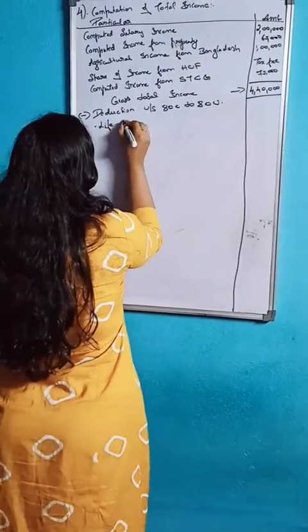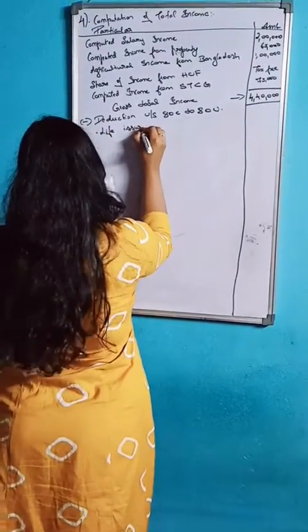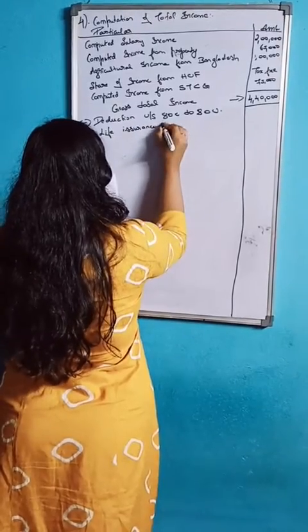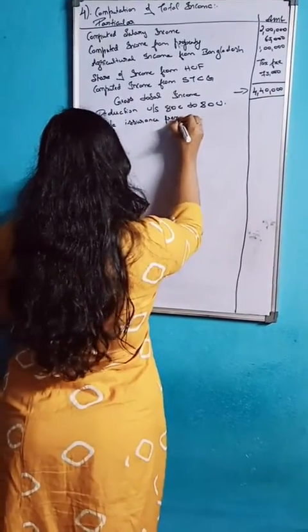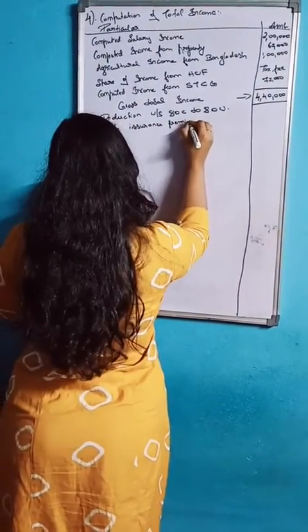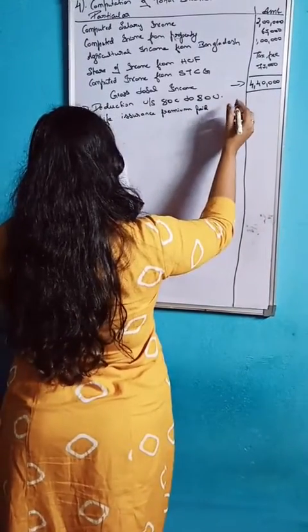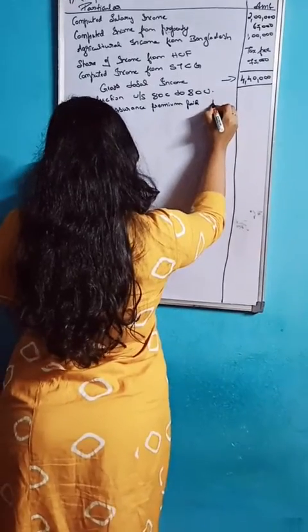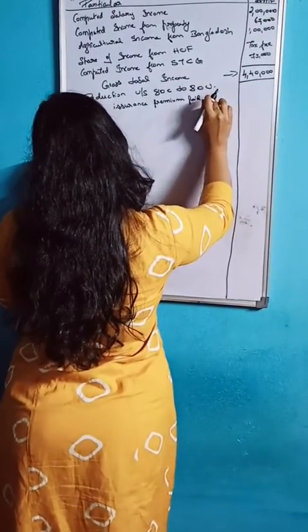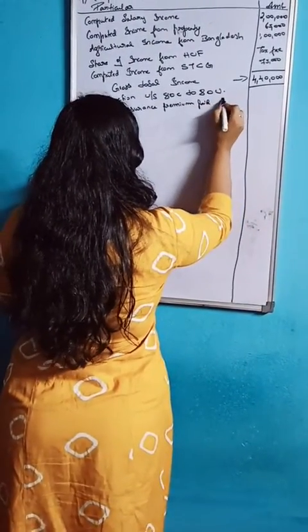Life insurance premium paid is rupees 28,000.